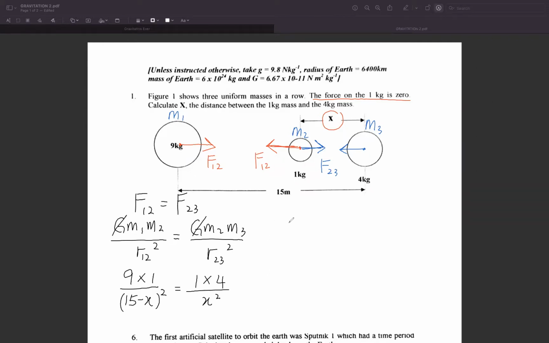Then you just solve this. So we get 9 over 15 minus x squared equals 4 over x squared. Okay, cross multiply, we get 9x squared equals to 4 times (15 minus x) squared. And I take the square root of both sides.